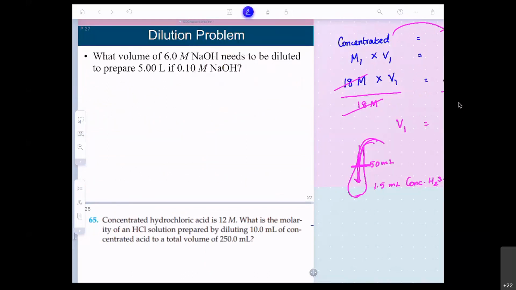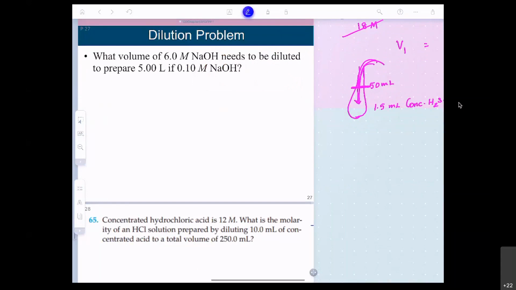Okay, so let's look at this. What volume of 6 molar sodium hydroxide needs to be diluted to prepare 5 liters of 0.10 molar sodium hydroxide? So I'm going to make one side concentrated. That can be your left or right. It doesn't matter which side is dilute. I'm going to say this is M1, V1, and this is M2, V2.